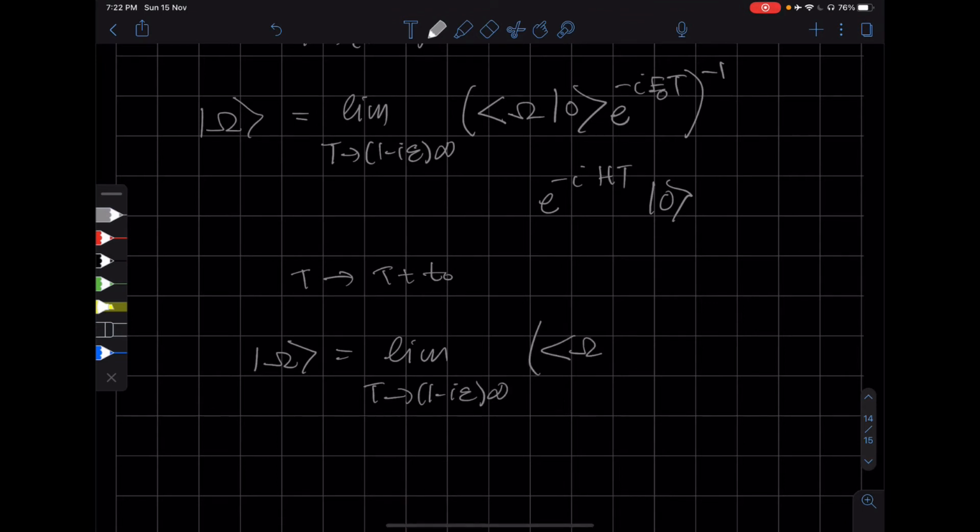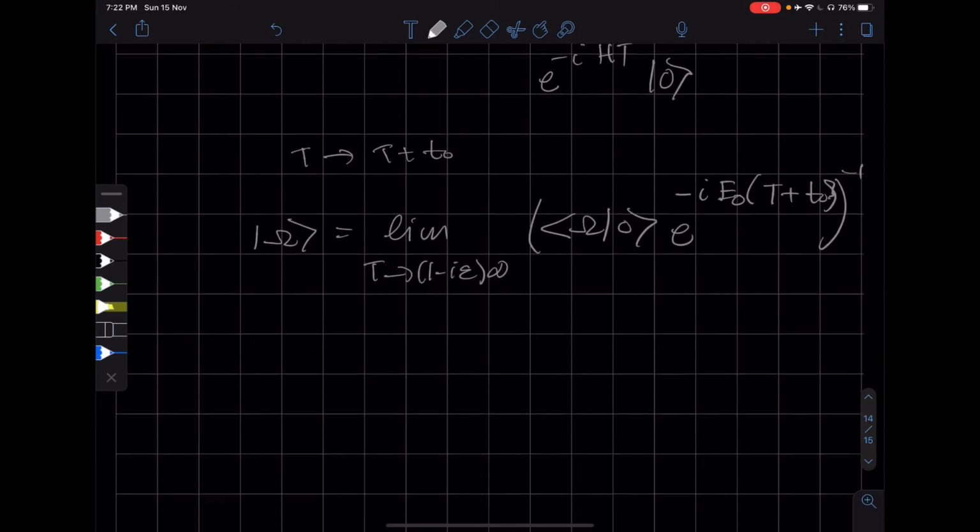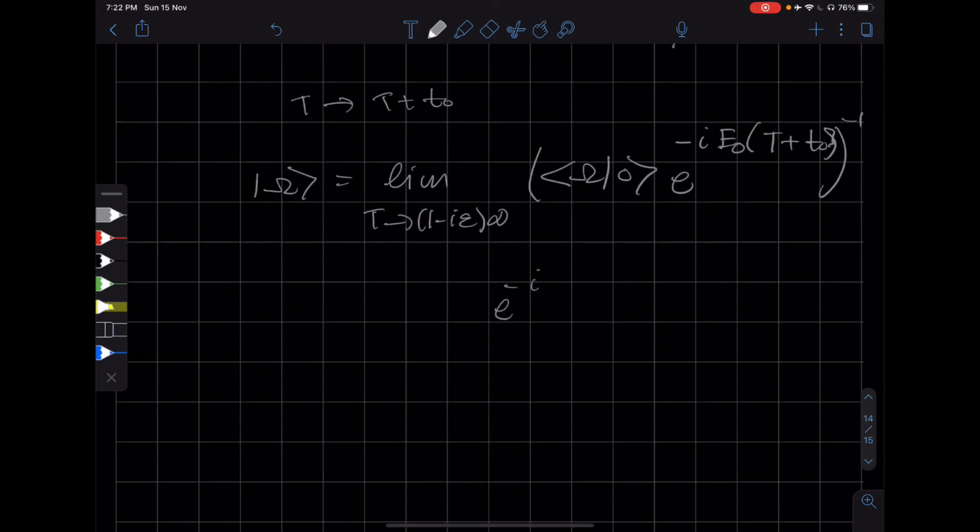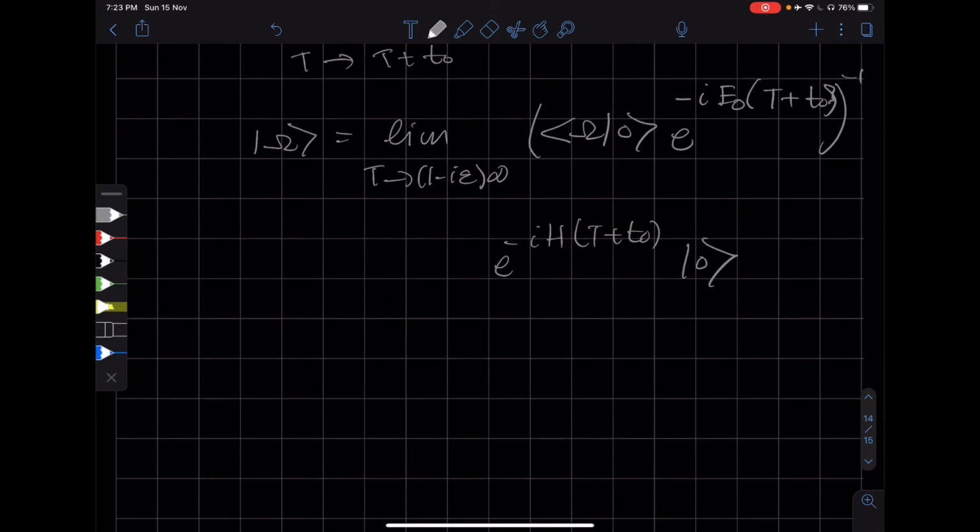And then here I get ⟨Ω|0⟩, and in the exponential I get −iE0(T + t0) inverse, e^{-iH(T + t0)} acting on the free vacuum. And then what we can do is write this, with the same limit, and all of these things, the numerical factor, I just write in this bracket.